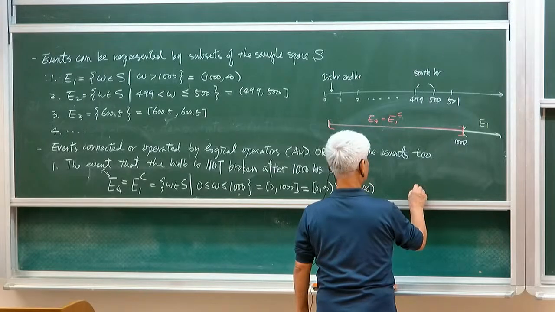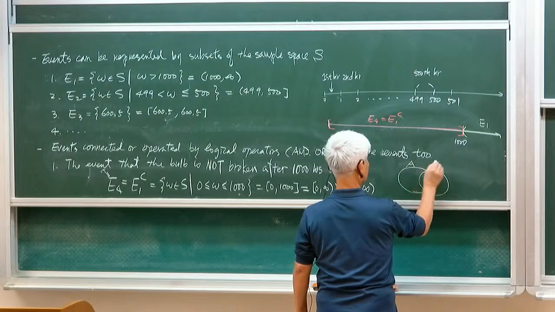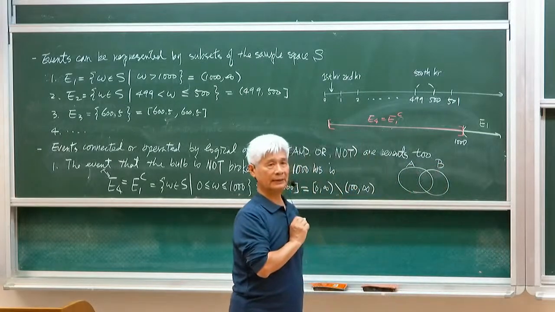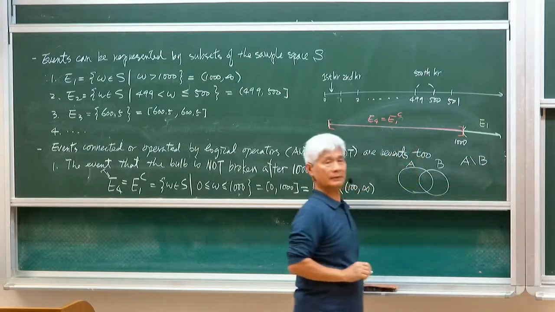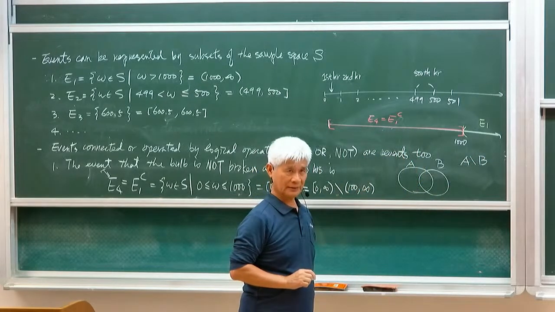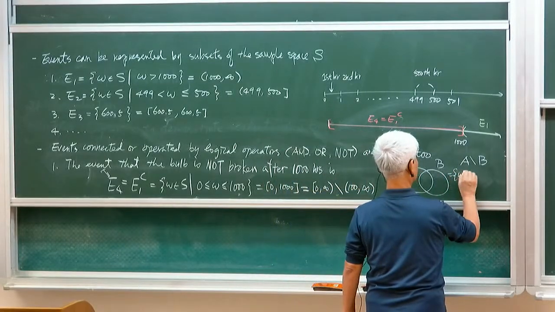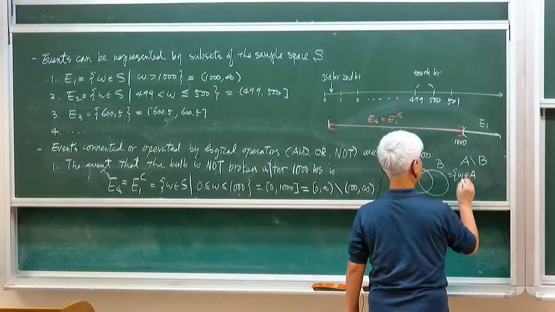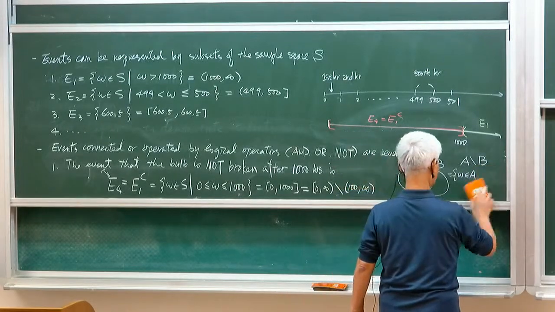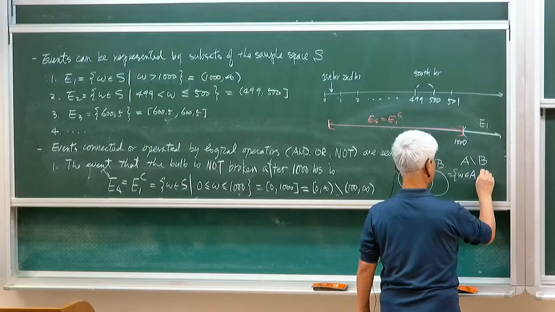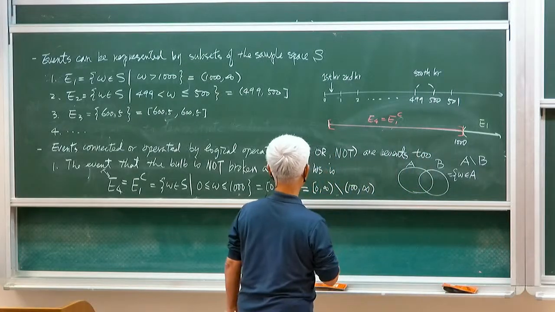Suppose this is set A, this is set B. A minus B is the set of omega in A such that omega is not in B. So by that logic, shouldn't that be 1,000?